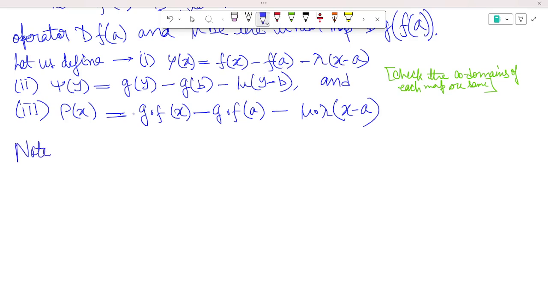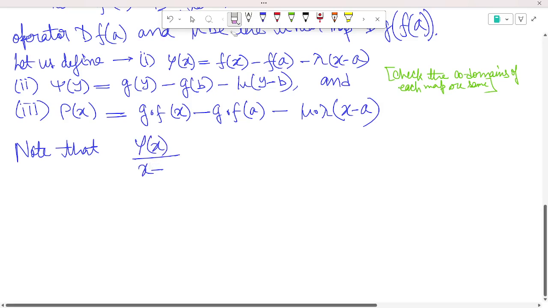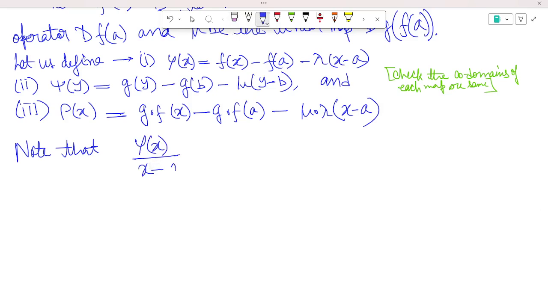Note that psi x by x minus alpha. X minus alpha is what? It is f x minus f alpha minus lambda of x minus alpha, by x minus a.